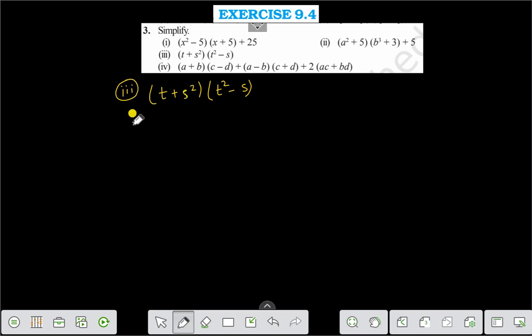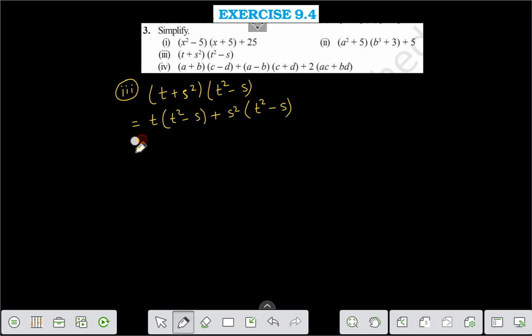I will write here as t into t square minus s plus s square into t square minus s.